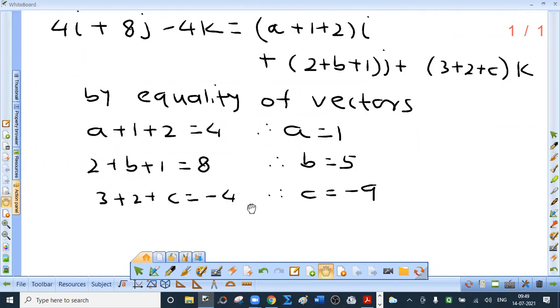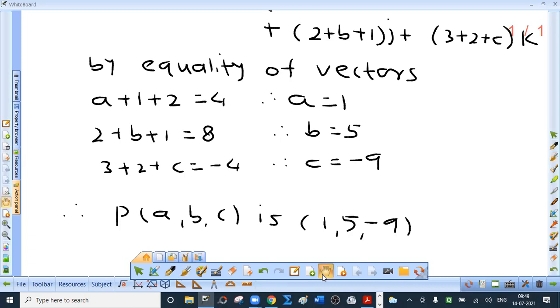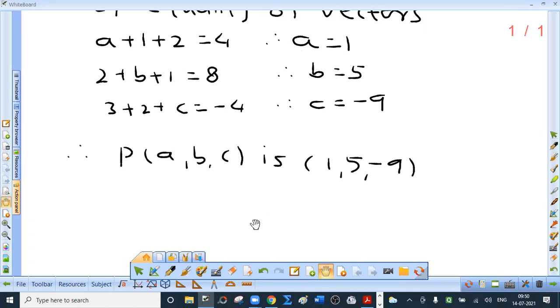Now they say that these are the coordinates. a, b, c are the coordinates of point P. So P(a, b, c) is what? 1, 5, minus 9. What is asked? Distance of P from origin. So find out.